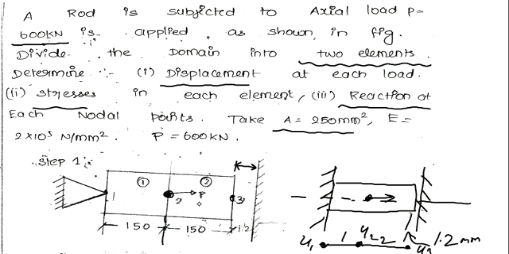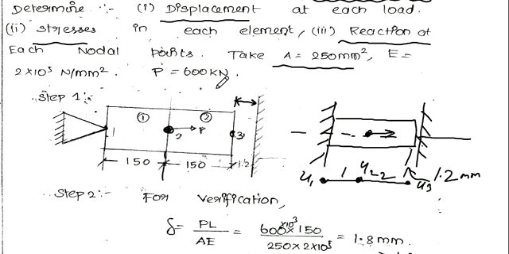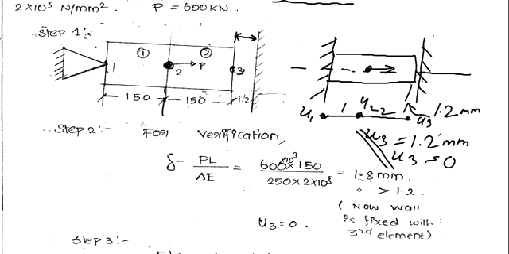So now the discussion point is whether we have to consider u3 as 1.2, or it should be 0 because there is a fixed end. Which one is the correct now? We have to check it. Okay, now as a general method, how will you calculate the displacement?